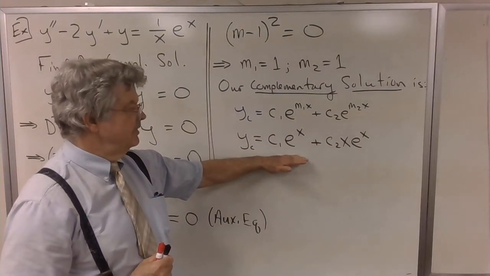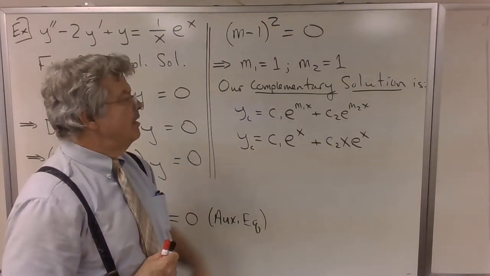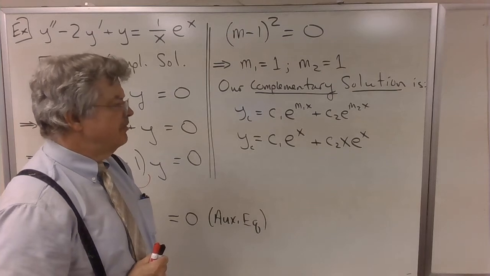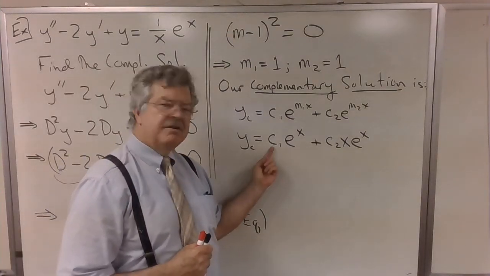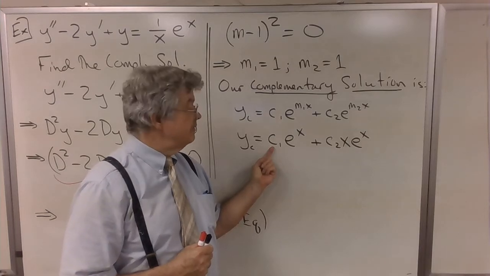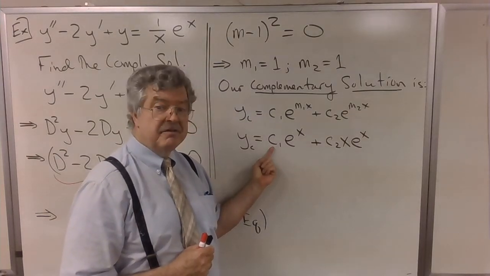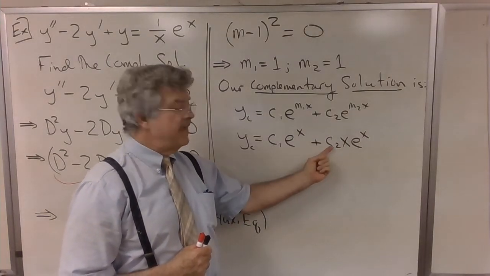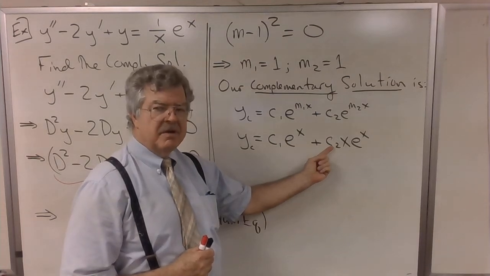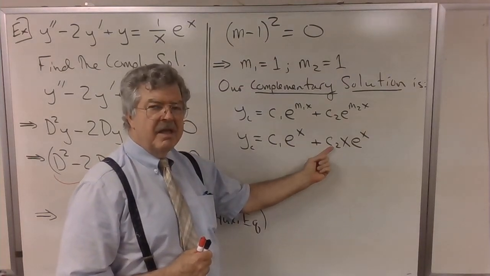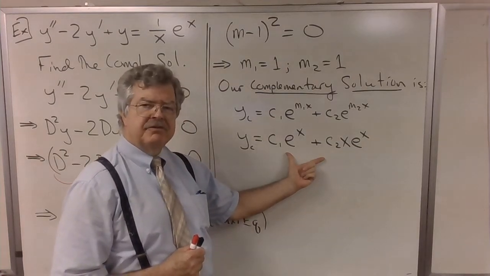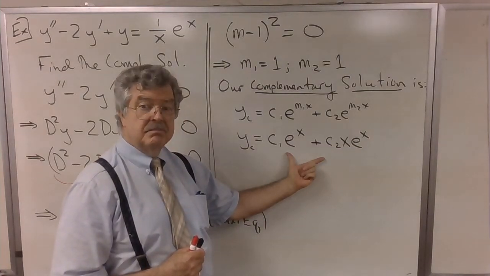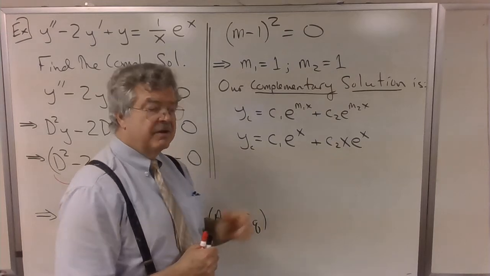We have our complementary solution. The variation of parameters technique tells us that we need to take this constant and just turn it into a function of x. Take that constant, turn it into some other function of x, and somehow that will transform the complementary solution into the general solution.